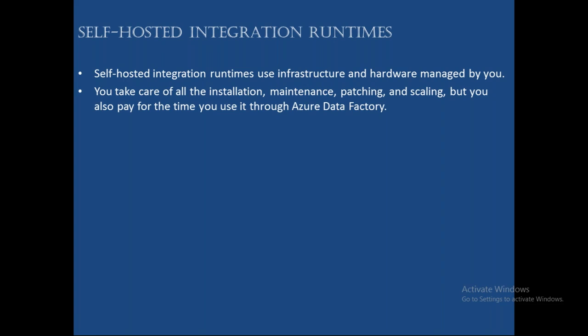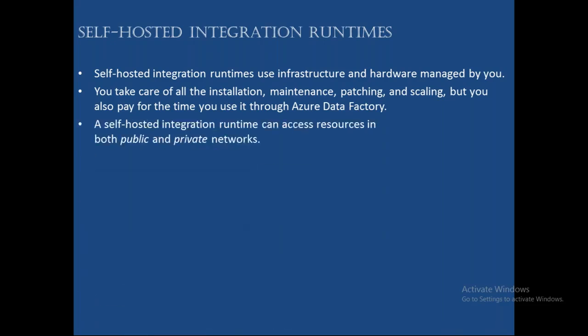So in a linked service, you will attach this particular self-hosted IR and you will use it with Azure Data Factory. Based on how much time you have used, you need to make a payment. Self-hosted integration runtime can access resources in both public and private networks. So the same self-hosted IR you can use to access any data which you have in the cloud, and any data which you have in the private network. Both things you can do with self-hosted IR. But if you have an Azure IR, you can access only data which is there in a public network.